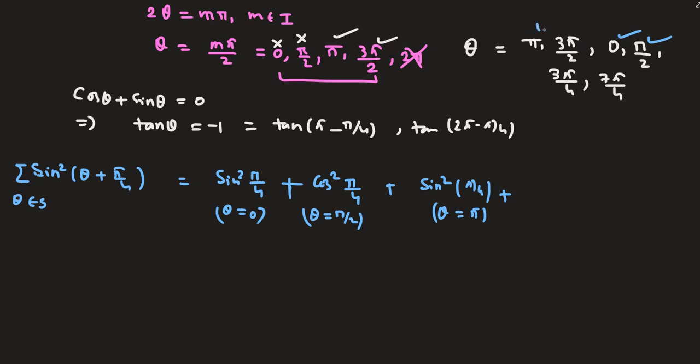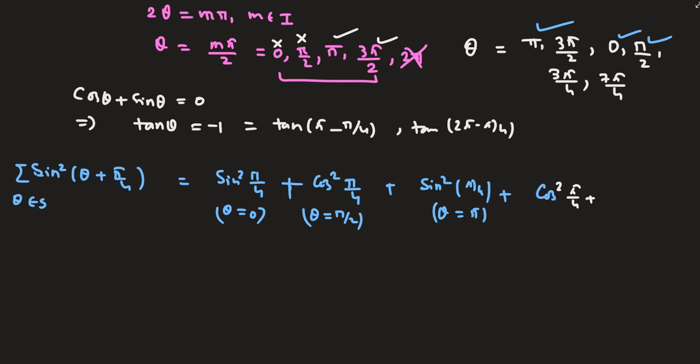Now next is 3 pi by 2. So sin of 3 pi by 2 plus theta is minus cos theta, and squaring makes it positive, so cos square pi by 4.